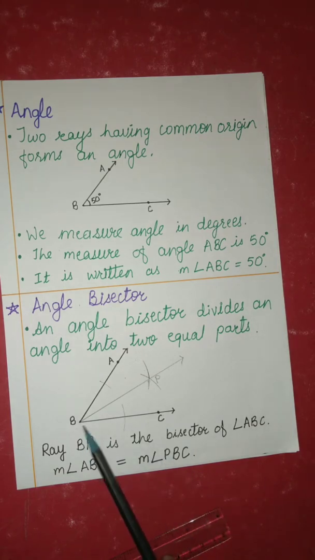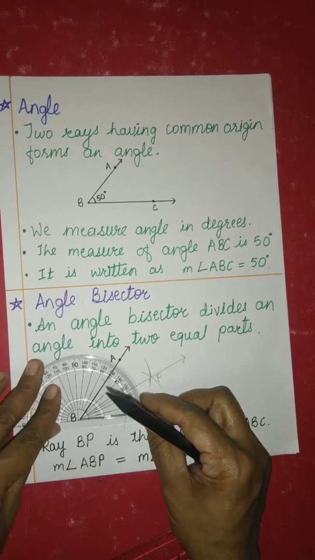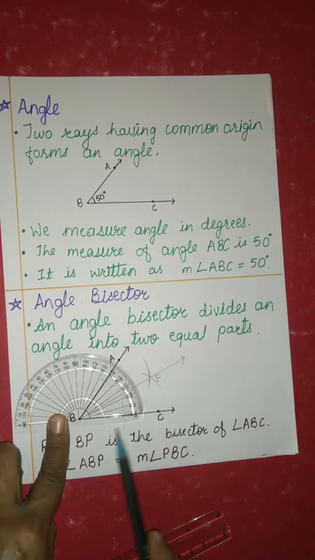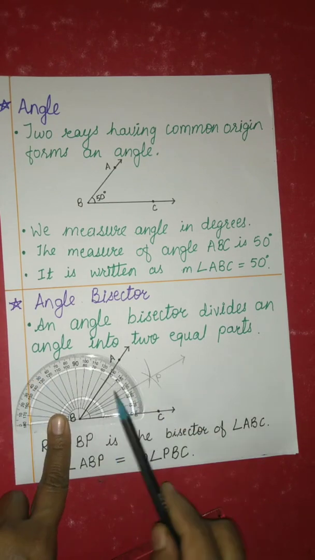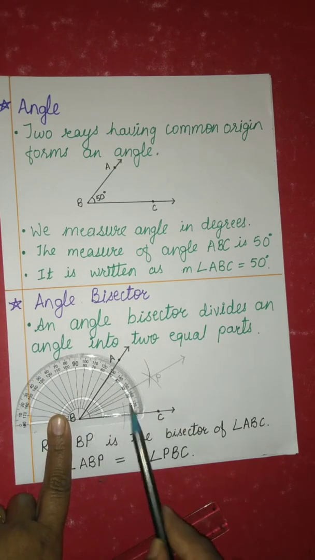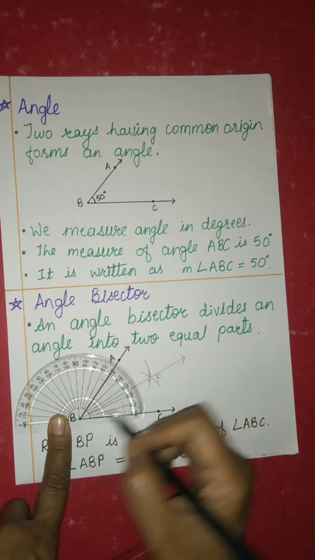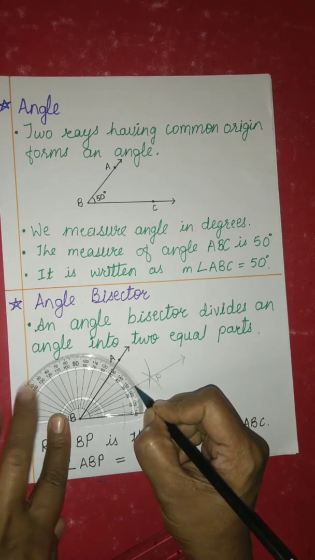Let us see whether the ray BP divides angle ABC into two equal parts. For that I took a protractor. I am putting it on the vertex B and matching the reference line with the origin. See, all of you can see here this angle measures 50 degrees, and if you look at this ray BP, it exactly comes on 25.